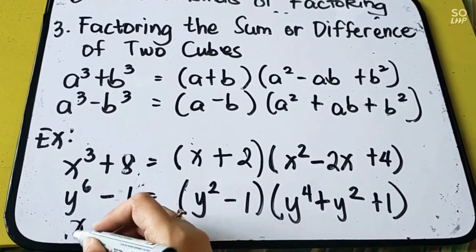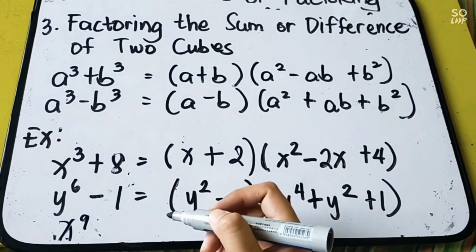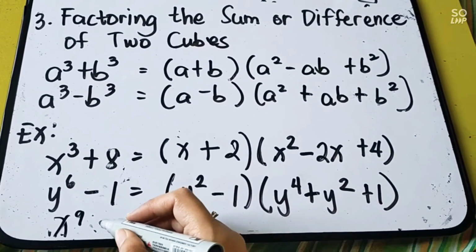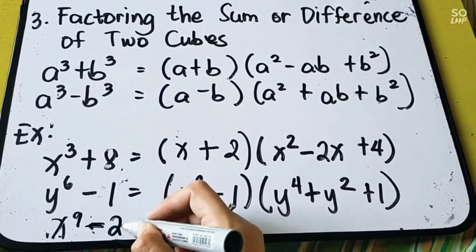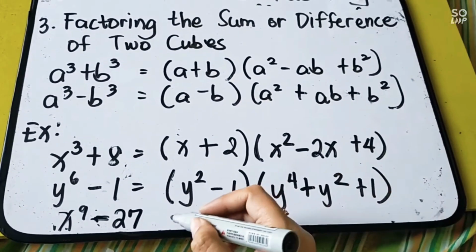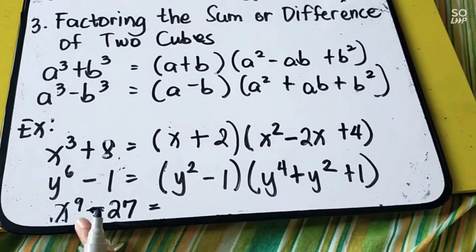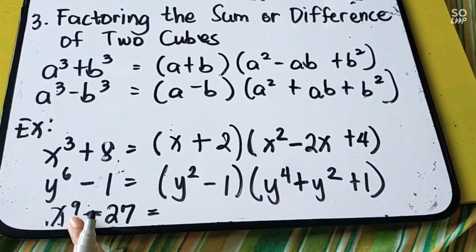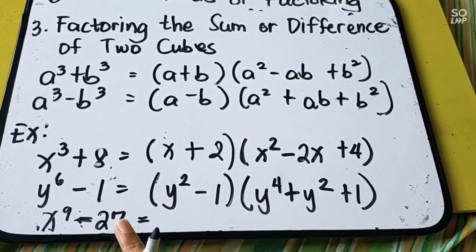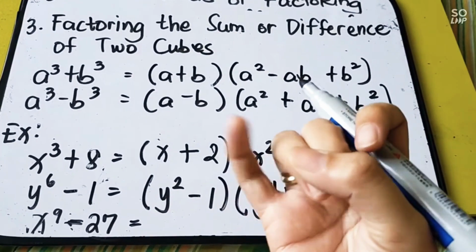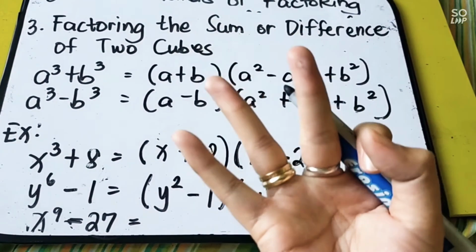Isa pa. We have x raised to 9. Okay. Paano naman kung minus 27? They are both perfect cube ulit. Perfect cube. Kasi si 9 divisible by 3. Si 27 is a cube root. Makukuha mo yung cube root niya by 3. 3 times 3, 9. 9 times 3, 27.